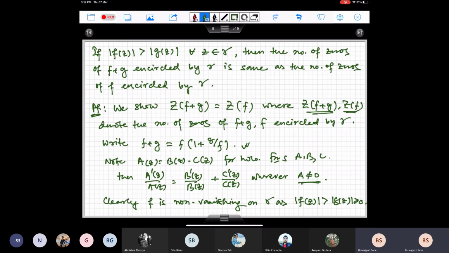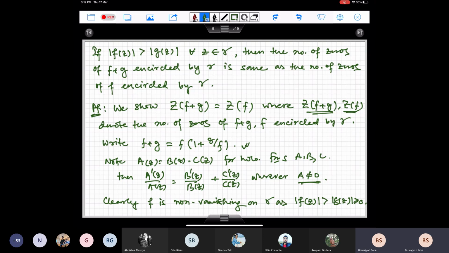So f is non-vanishing, and therefore you can consider g by f on gamma, that's going to be holomorphic. 1 plus g by f is also going to be holomorphic, and it's going to be non-vanishing because mod g is strictly less than mod f on gamma. So this guy is non-vanishing, this guy is non-vanishing, of course f plus g is going to be non-vanishing.